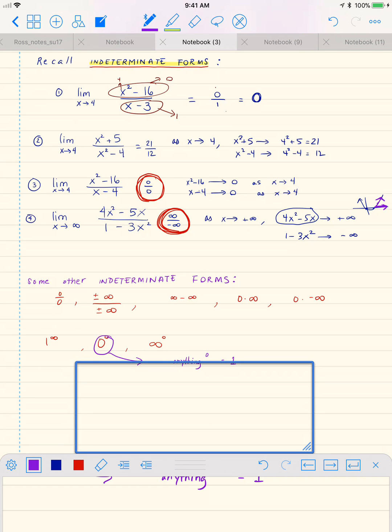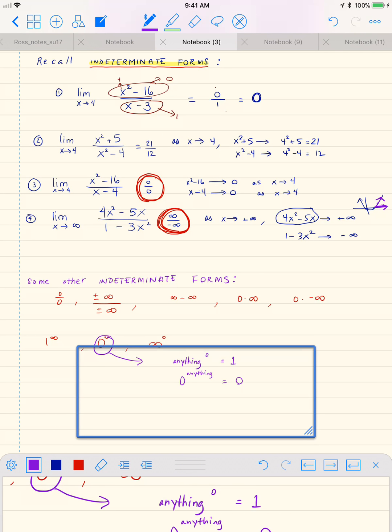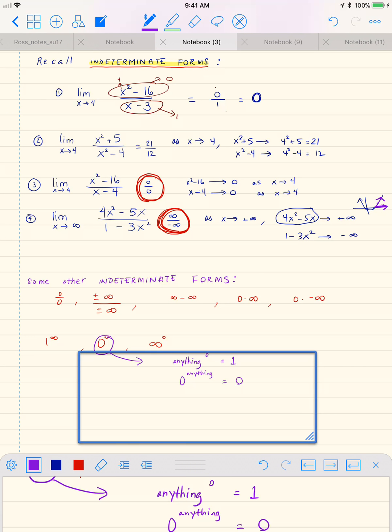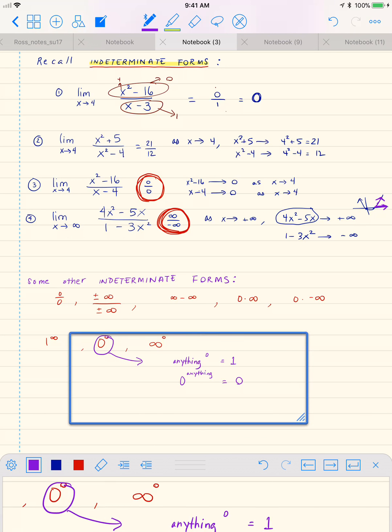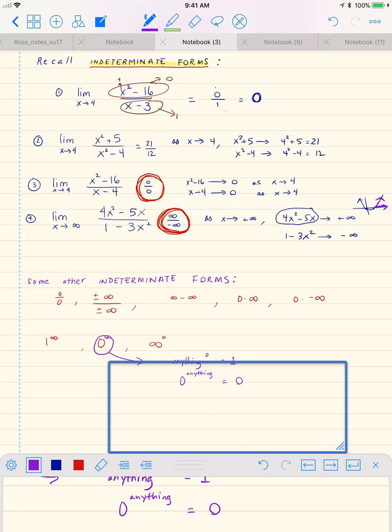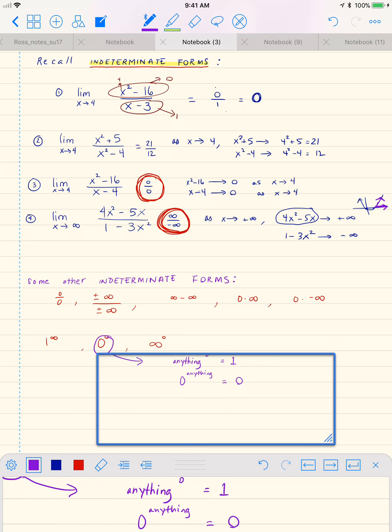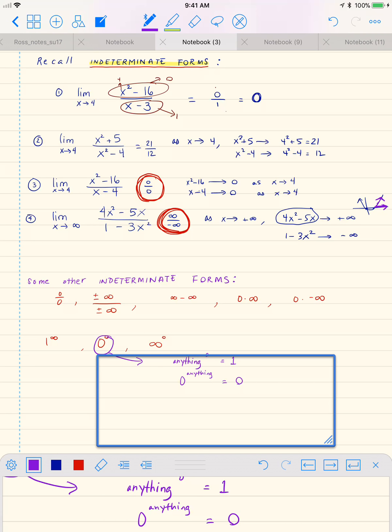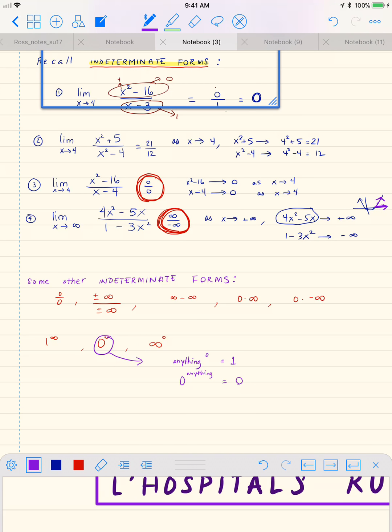But also, 0 to any power should be equal to 0, because 0 multiplied by anything is going to be equal to 0. So do you see where we get a problem? Do we say 0 to the 0 is 1? Is it 0? Because we're not sure what it should be, we call this an indeterminate form.